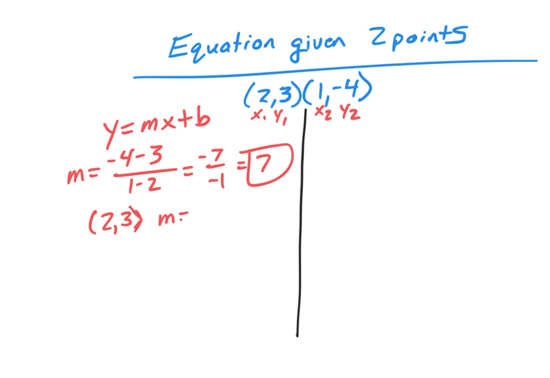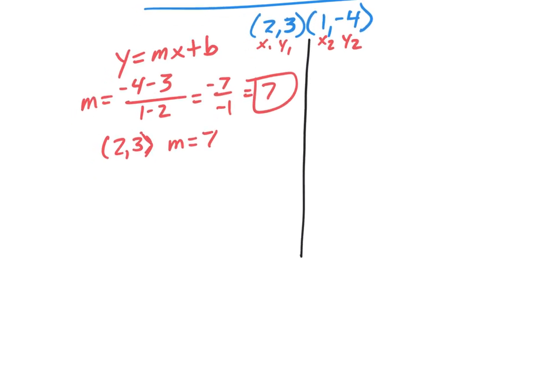I'm going to use the slope of 7, and we're going to put it into y equals mx plus b. Once again, this ordered pair is your x and y. And we're going to do it like we did a few minutes ago when we had one like this. 3 equals, that's my fault, 7 times 2 plus b.